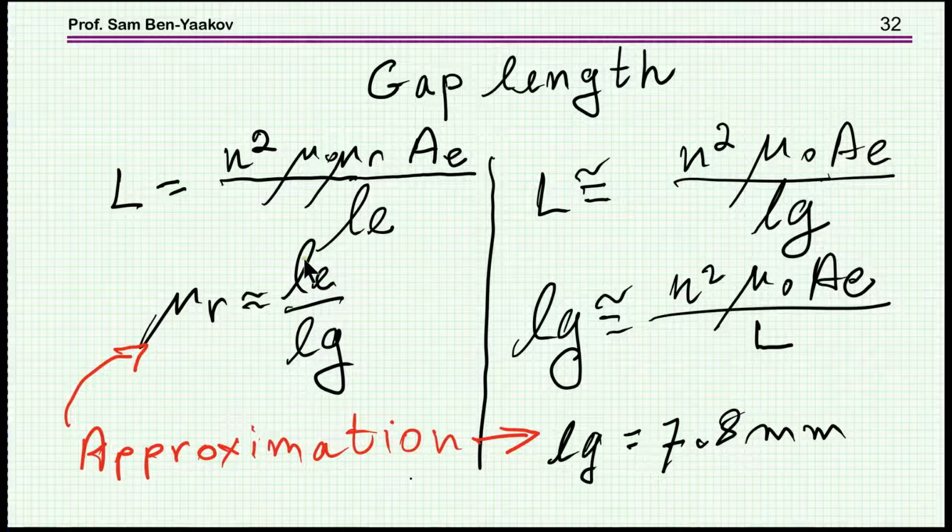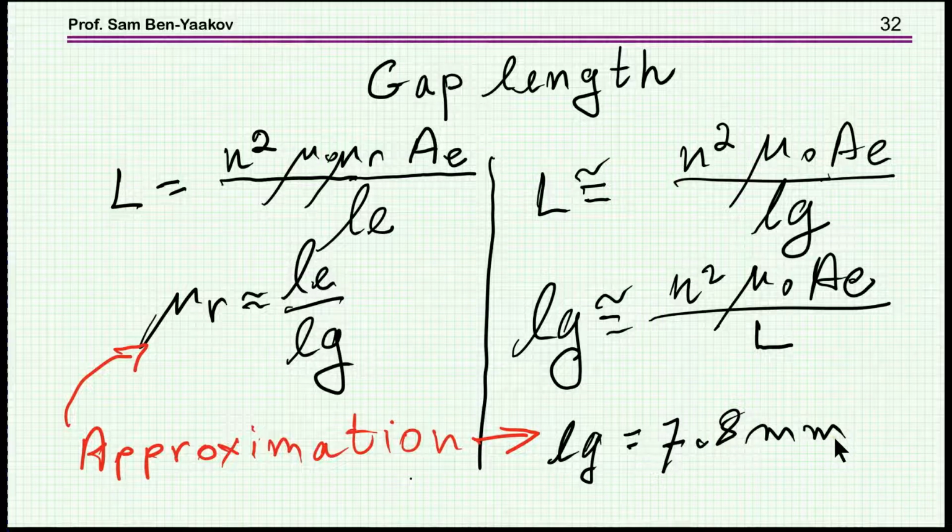So I can insert this here. So I get that the inductance is equal to n squared mu 0 AE over the length of the gap, from which I can estimate the required gap length, and I find it to be 7.8 millimeter.